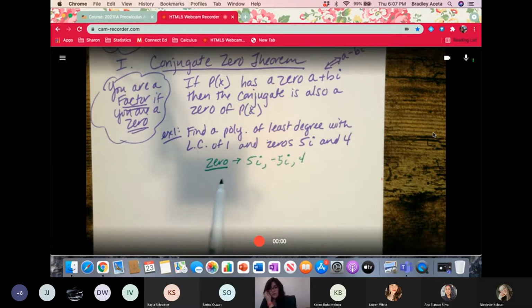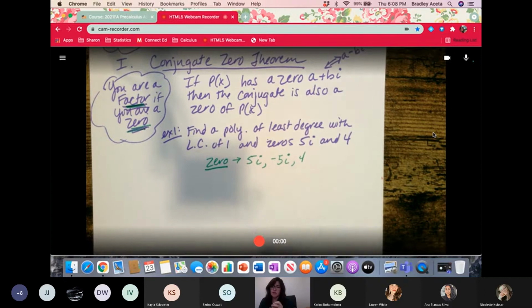Now again, if you are a zero, you are a factor. So we are trying to now find the polynomial that has these zeros. How do I do that? It's very easy. You just write them as factors, meaning the following.